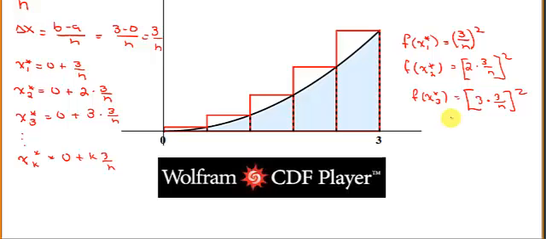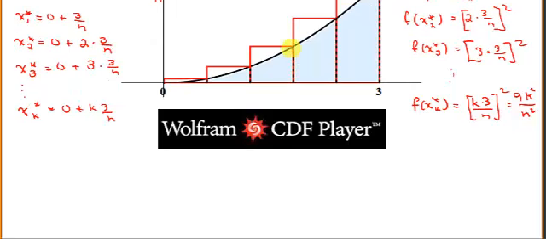Okay, and so on down the line until I get to this place. f of x sub k is going to be k times 3 over n, and I'll square that, and that will be, of course, 9k squared over n squared. So we'll have that.